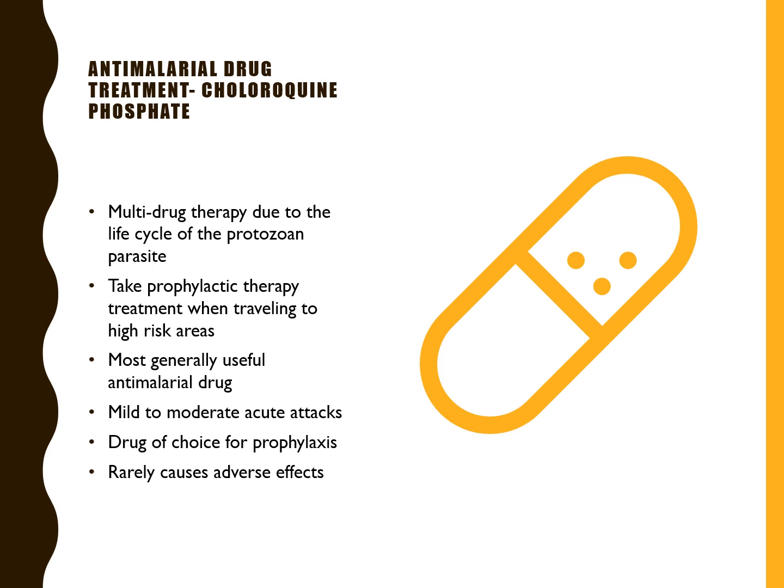And typically we'll see the patient have a relapse, which would require a different medication, which would be part of that multi-drug therapy. We also use it prophylactically. We really recommend anybody that's going into a high risk area for malaria to be taking prophylactic treatment, which this chloroquine phosphate would be the drug of choice for as well.